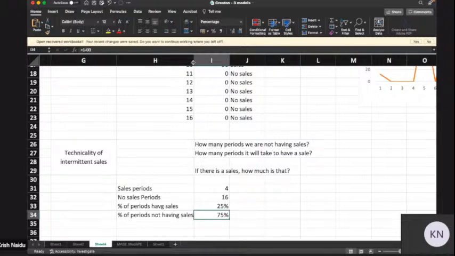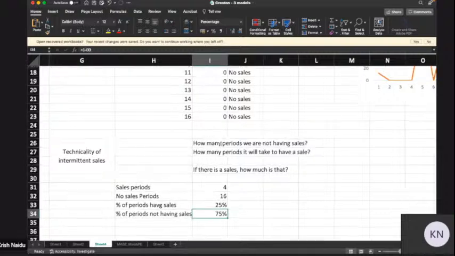If you make a forecast that has almost every period having a sale, and that is uncontrolled, then we are going to build up huge money in inventory which will remain unsold. That is a risk we have. So this is what we need to take care of when we forecast intermittent products.